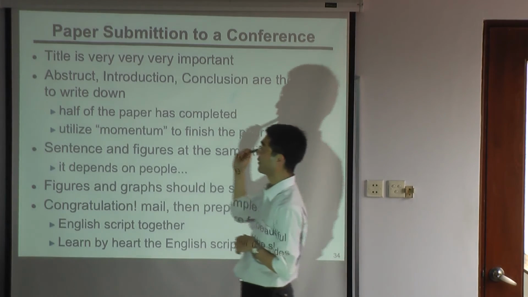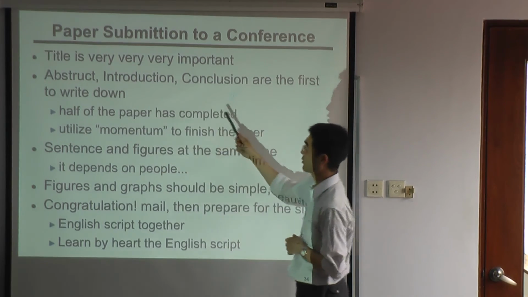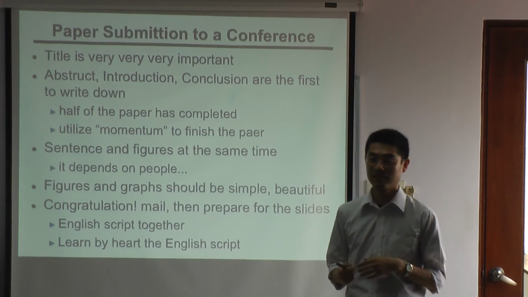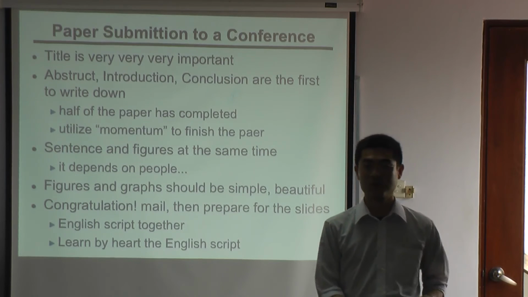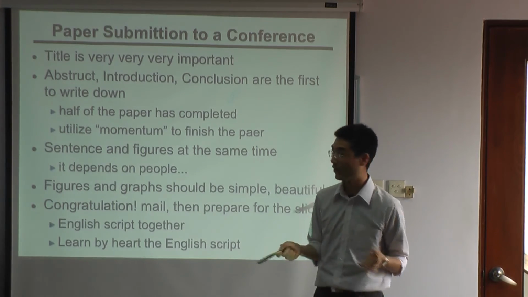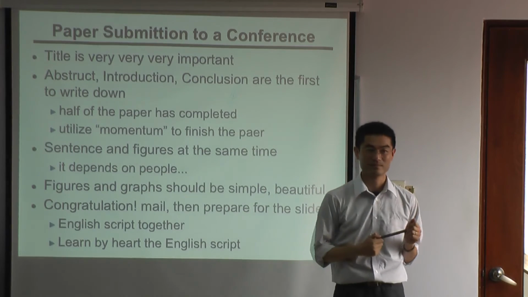And after deciding a title, you will write an abstract, introduction, and conclusion. Do not write how to design the circuit and what the measurement result is first. That is the last. The first things you have to write are abstract, introduction, and conclusion.